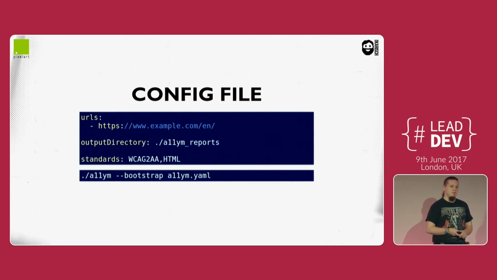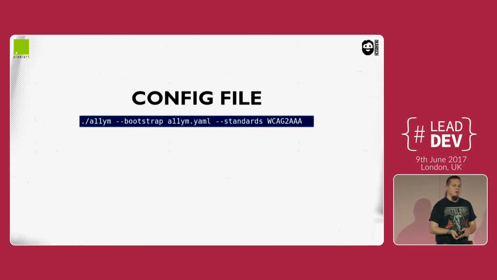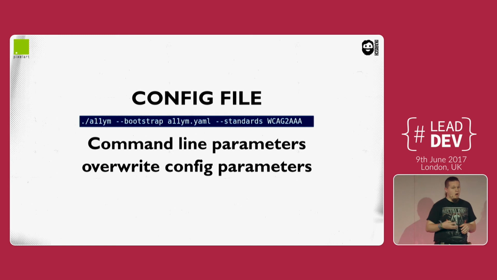And your devs only have to use that. So A11y with a bootstrap of the A11y.yaml file, and that's all. You get the same report, you get the same errors. Of course, if you want to test a higher level, use other parameters. All the command line parameters override the config file parameters. So still an easy tool to use.